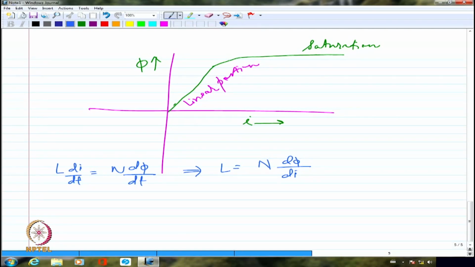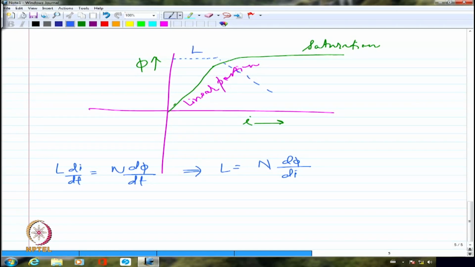Whereas the moment saturation creeps in, or even before the saturation creeps in, I'm going to have the inductance definitely decreasing. So if I plot the inductance correspondingly, it is almost a constant until here, and then it is going to come down. So this is how the inductance will vary.